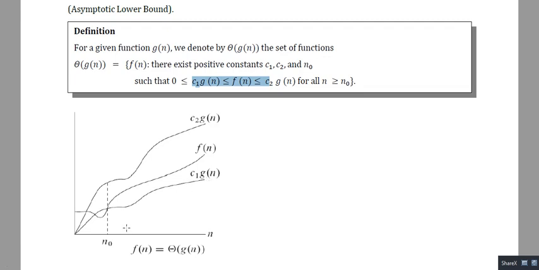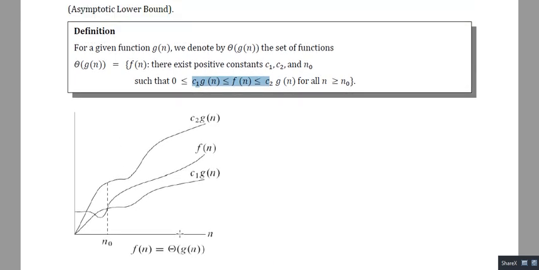Clearly you can mark from this point onward, f(n) always lies between c1 g(n) and c2 g(n). So we can take this particular point as n0 because from this point onward f(n) is sandwiched between c1 g(n) and c2 g(n). If this happens, then we can write f(n) equal to theta of g(n).